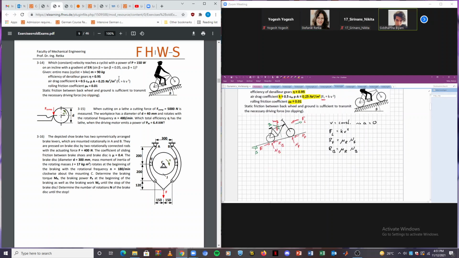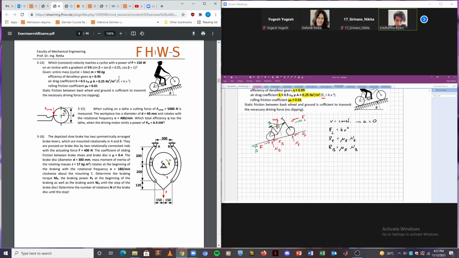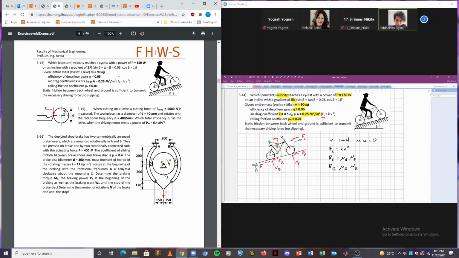Professor, isn't the angle beta approximately 0 degrees? Because cosine of beta is approximately 1, and sine and tangent of beta are 0.05.